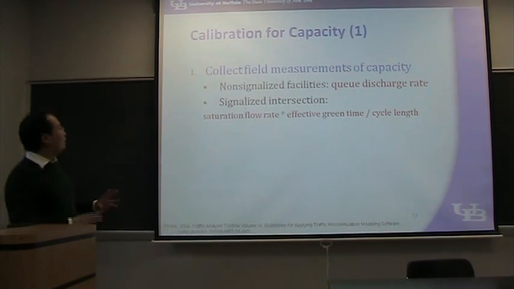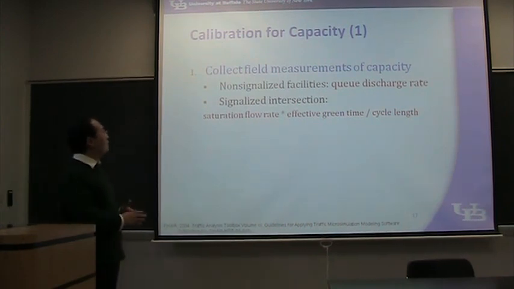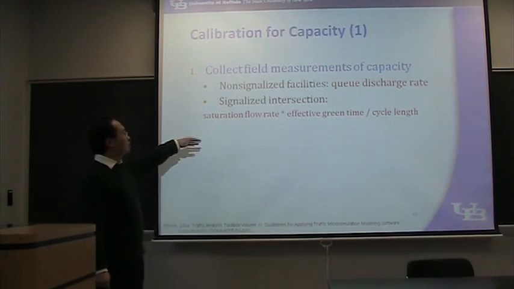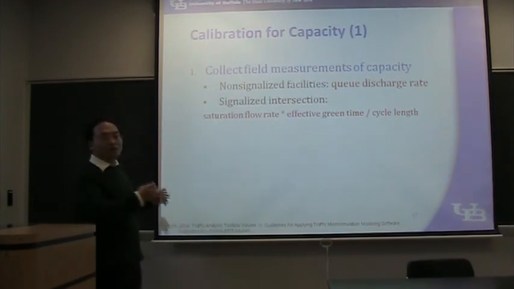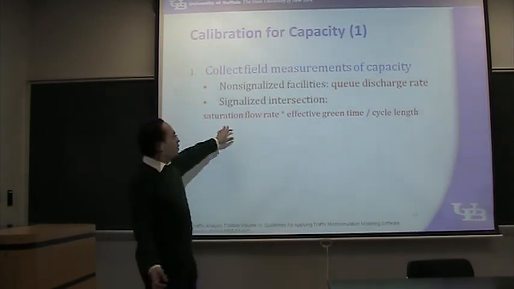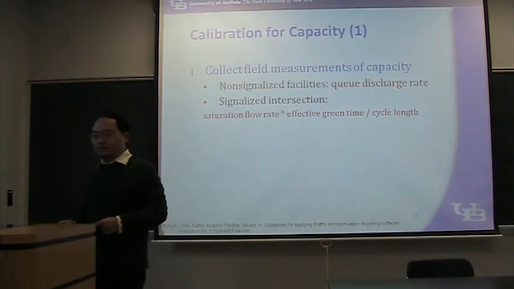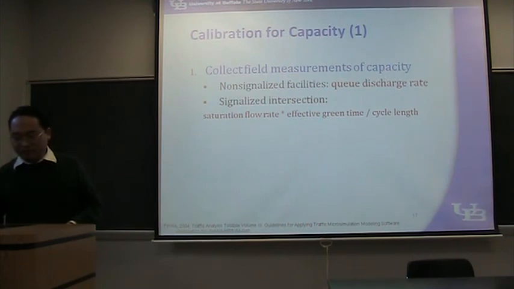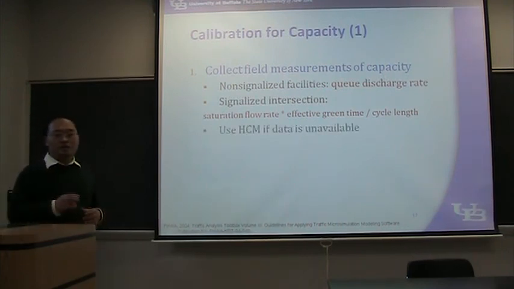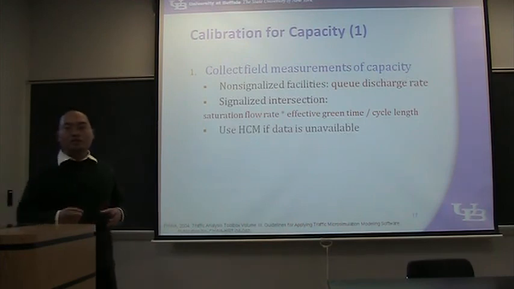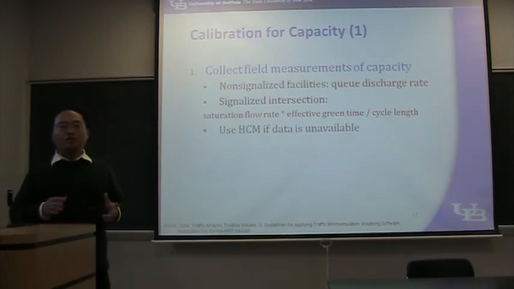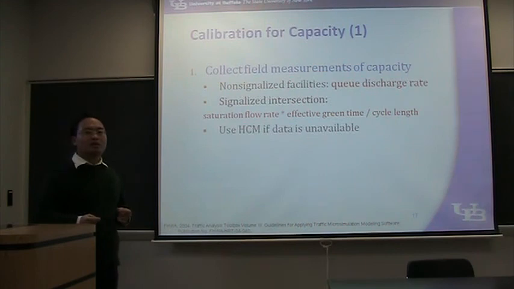And if we are going to measure the capacity of signalized intersections, we use saturation flow rate, which also means when there's a queue, multiplied by effective green time divided by cycle length. And in some cases, you are not allowed, or you are unable, to get all the capacity data.